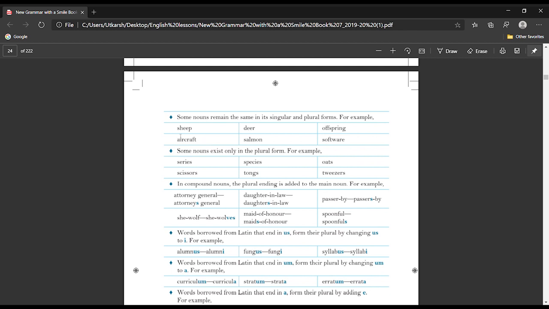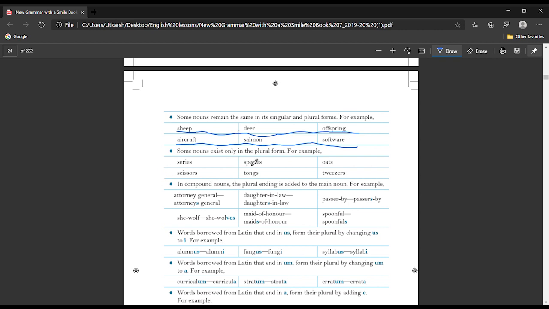You can note this down. This is important: words which do not change in the singular or plural. Sheep, deer, offspring, aircraft, salmon, and software. These are all nouns whose singular and plural are the same.